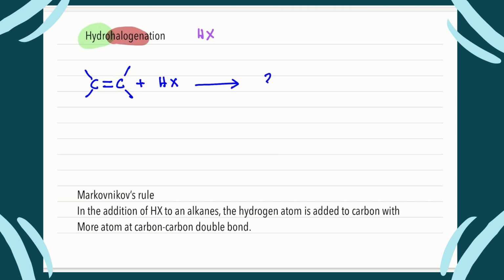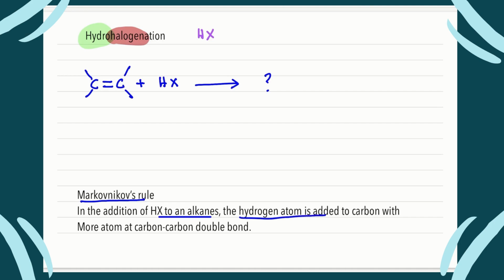So to predict the product for the reaction, we have one rule to consider. The rule is called the Markovnikov rule. According to the Markovnikov rule, in the addition of HX to an alkene, it means that the reaction is an addition reaction.